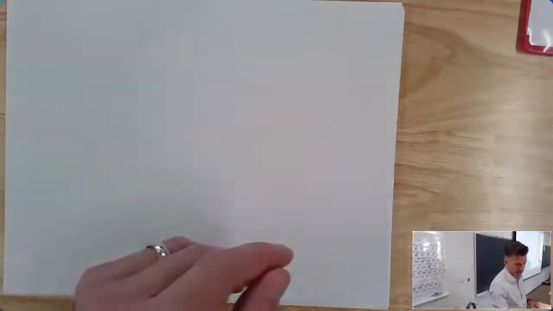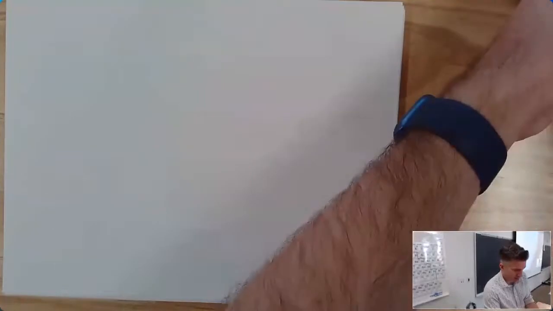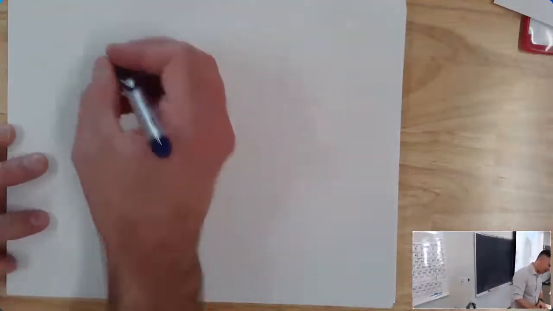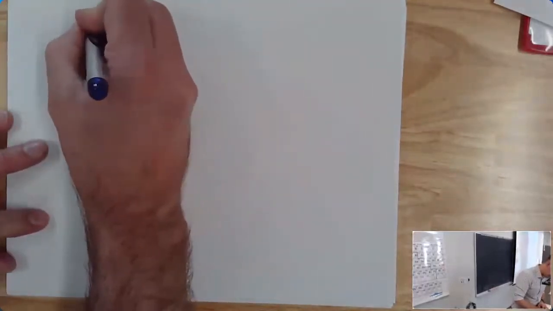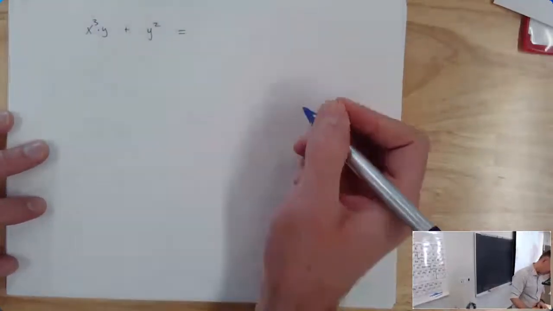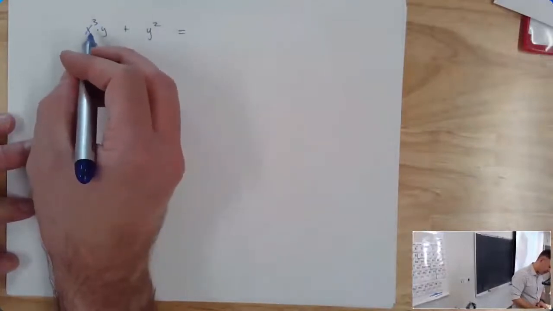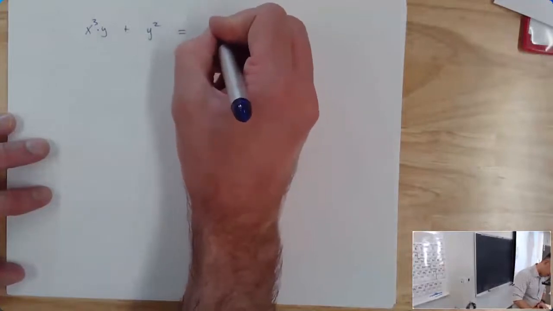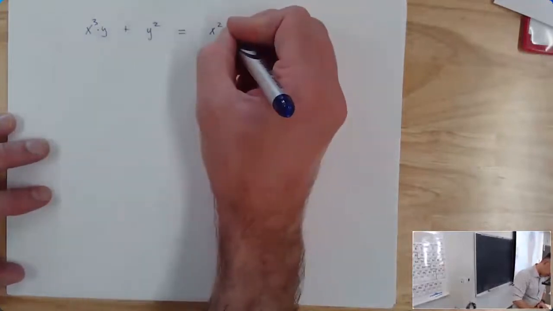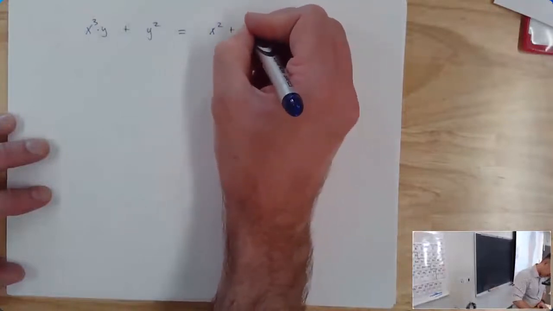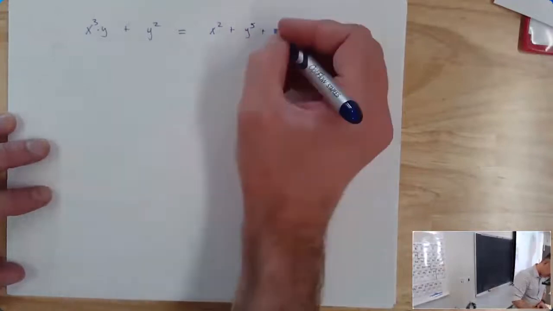I don't have any examples. Fine, I'll just make something up, which I can do. Cool. So let's say we had this not as terrible thing, which I will make up right now, which will turn out just fine. x cubed times y plus y squared equal to, let's make sure it's cool, 8, 1, x squared, let's see, y to the 5th.